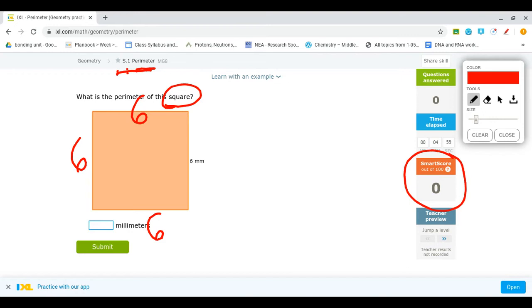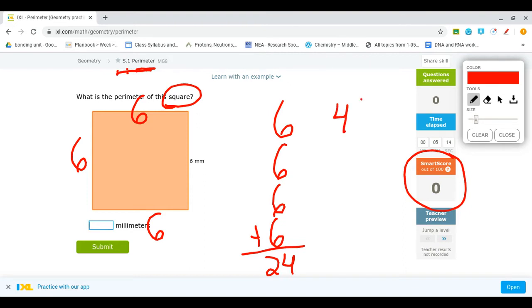To find the perimeter of a square, you take all four sides and add them together. Another way you could have done the problem is to say, because all of the sides are the same, there's four sides and they're all 6, so 4 times 6 gives 24.